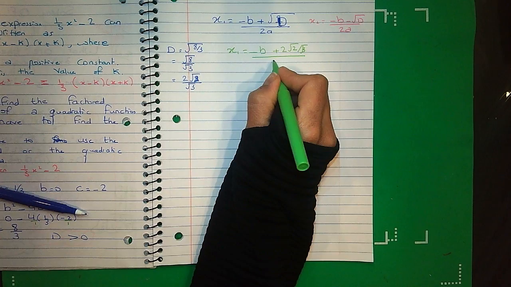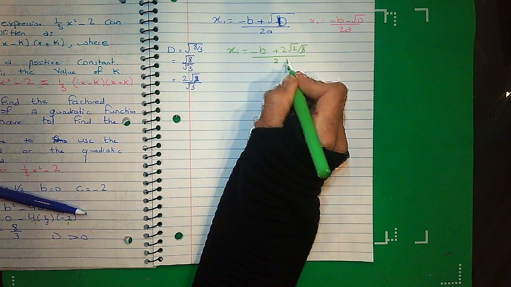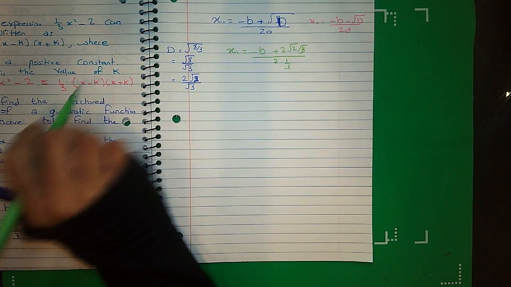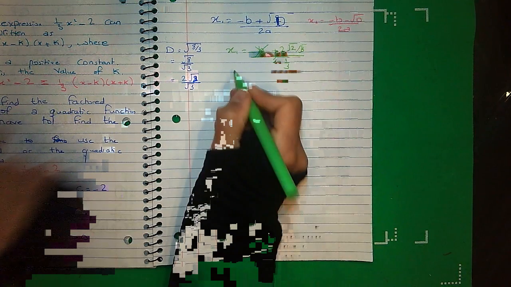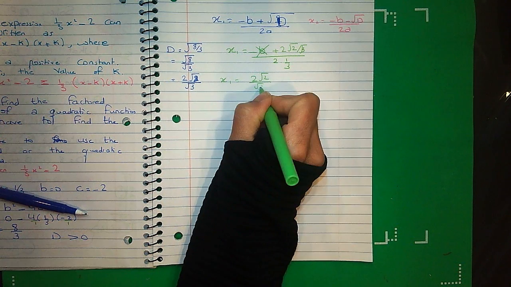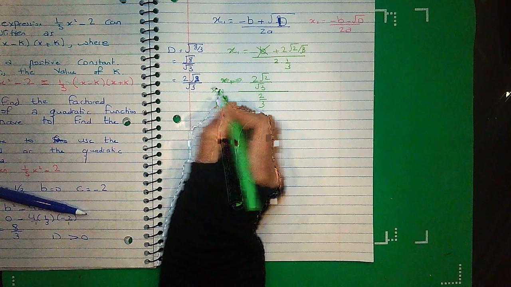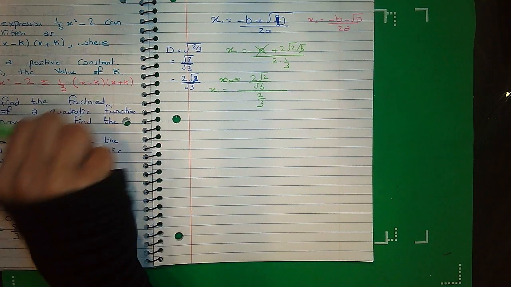So we got x1 is negative b plus 2 square root of 2 over square root of 3, over 2a, which is 2 times 1 over 3. And remember, the b is 0, so I don't really need it. So x1 is 2 square root of 2 over square root of 3, all over 2 over 3. Now, the annoying part with this is the calculation. The steps are really easy and straightforward.